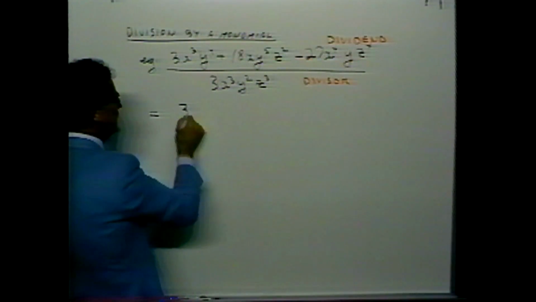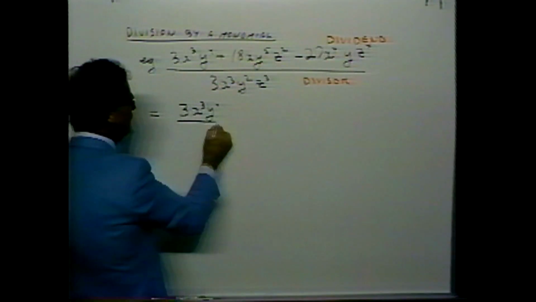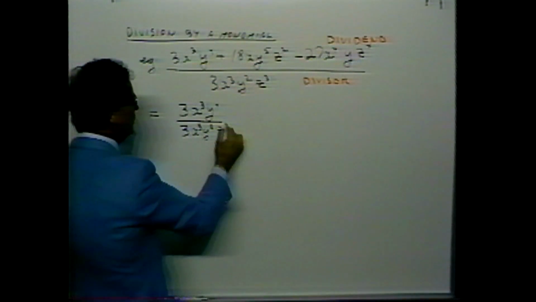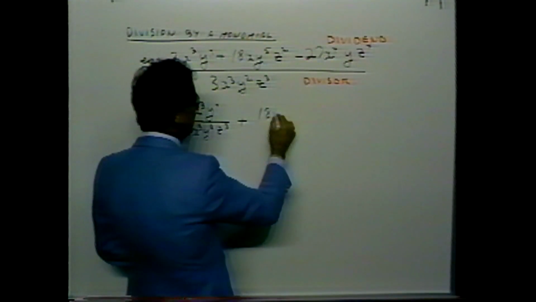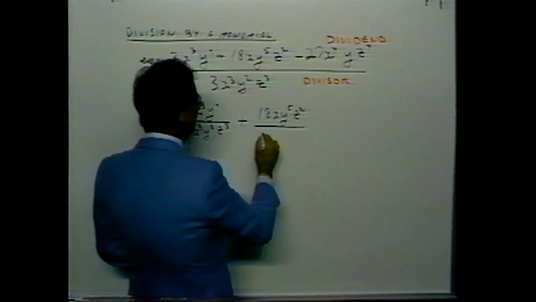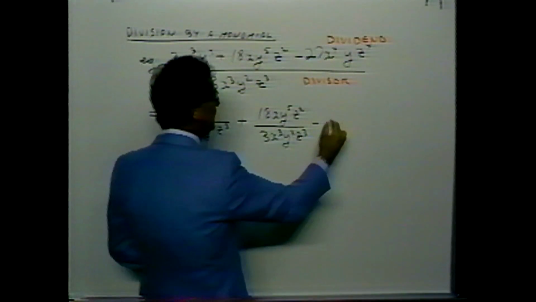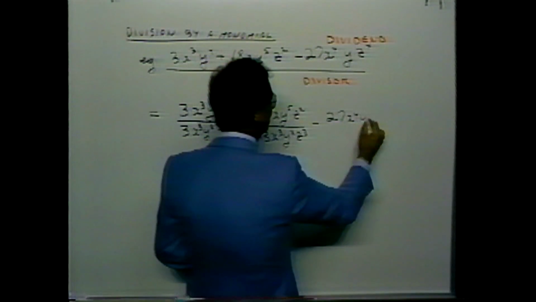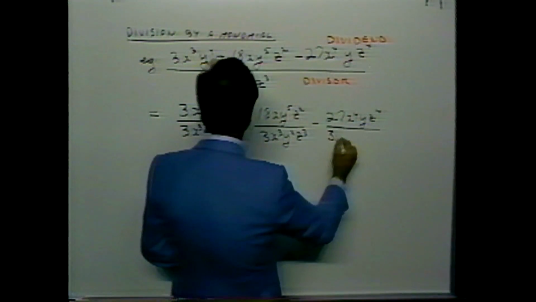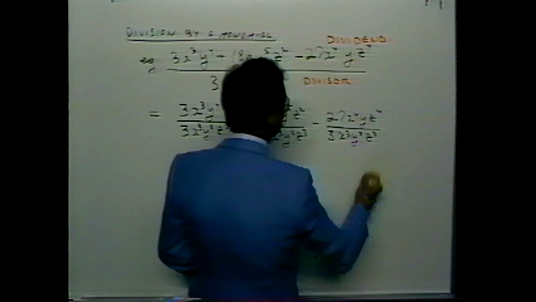So note very carefully that we have 3x cubed y to the 4th over 3x cubed y squared z cubed, 18x y to the 5th z squared divided by 3x cubed y squared z cubed, and finally minus 27x to the 4th y z to the 4th divided by 3x cubed y squared z to the 3rd.